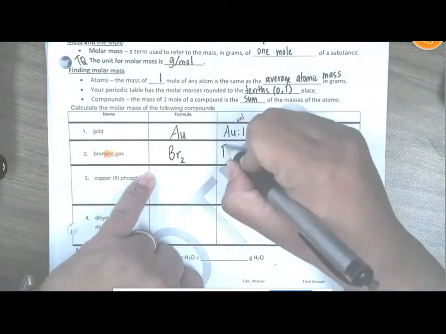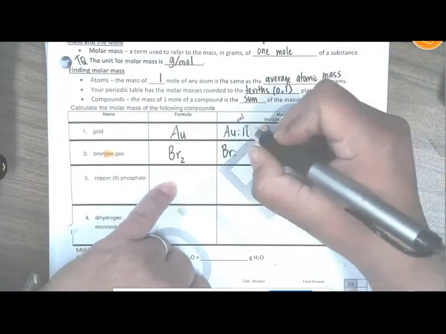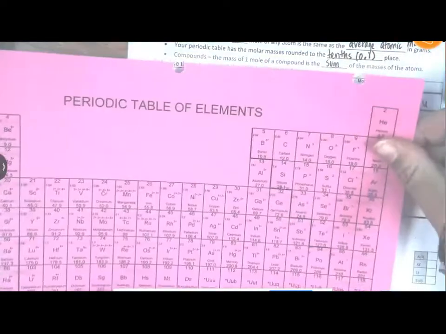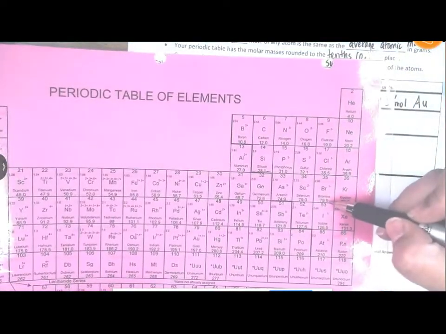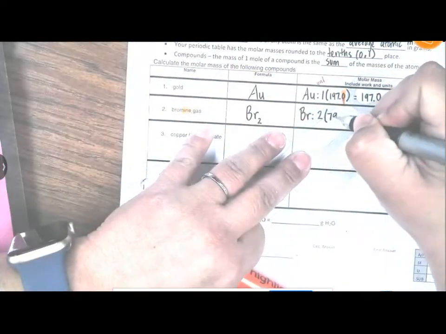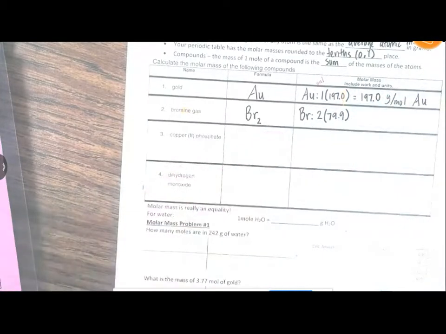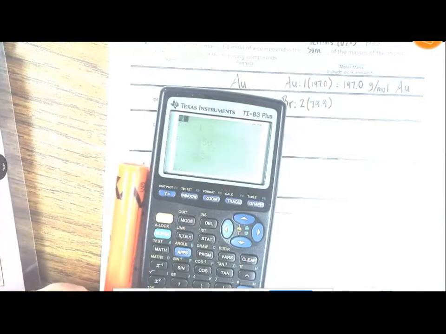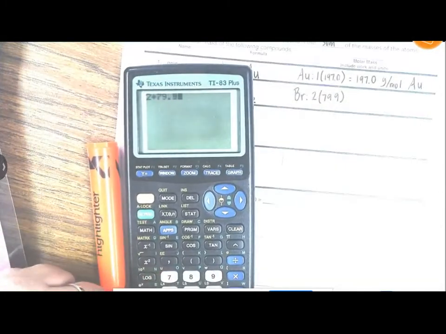So now bromine, I'm going to take 2 times the value of Br, which is 79.9. So I put 79.9 here. When I put this in my calculator, I have 2 times 79.9.